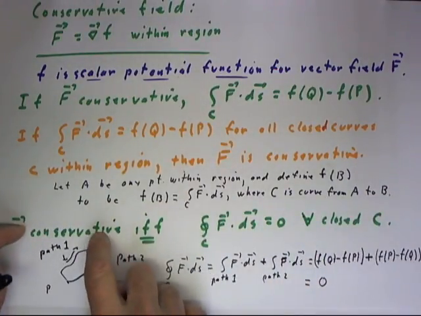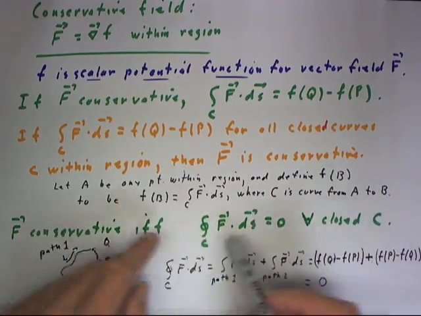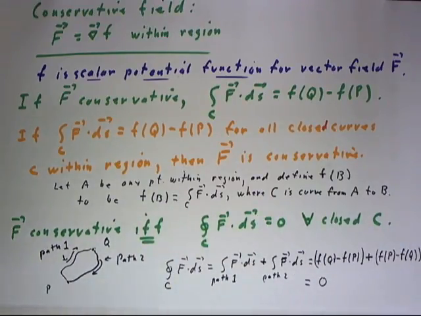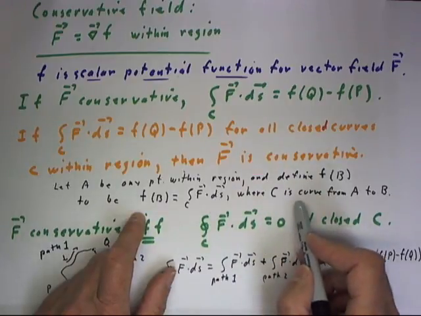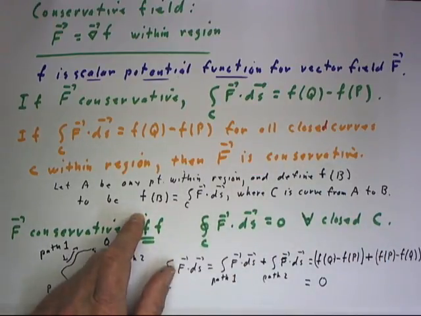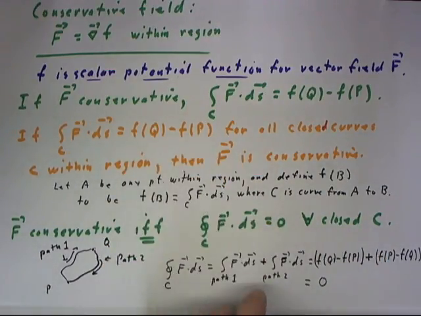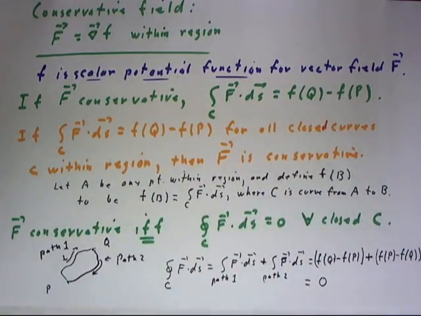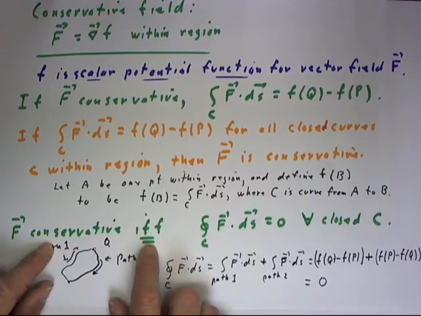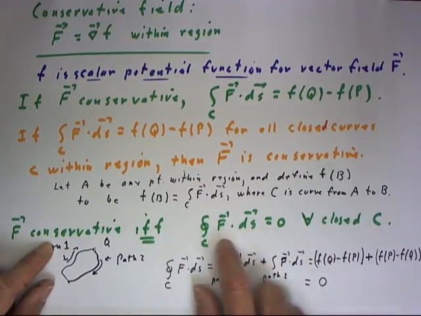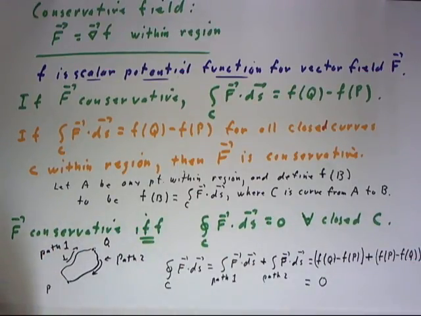I expect you to be able to fill in those details, and I've left out some details in this argument as well, but you get the gist of both arguments. This argument saying that F is conservative if and only if the integral over any closed path is 0.